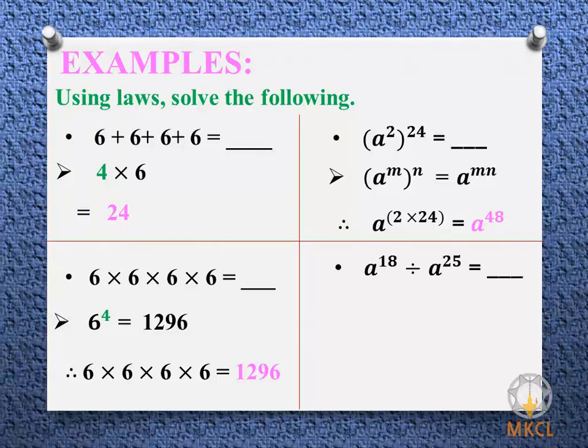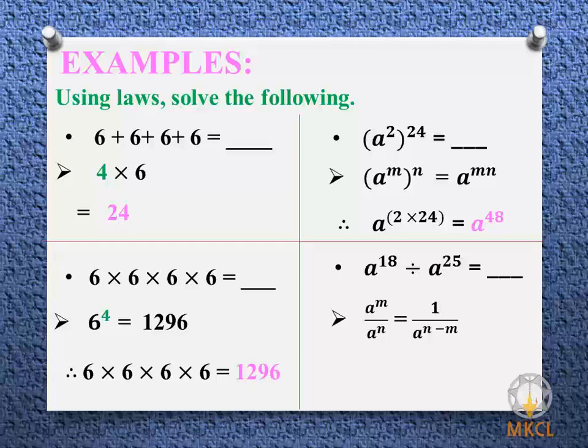Next example, a raised to the power 18 divided by a raised to the power 25. Now see here 18 is less than 25. So we use the law a raised to the m upon a raised to the n is equal to 1 upon a raised to n minus m.